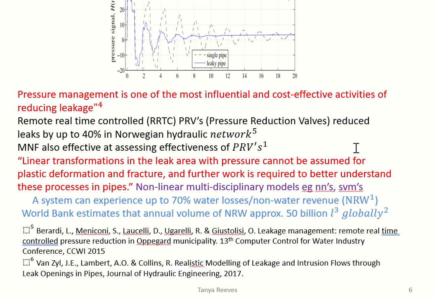However, the World Bank estimated that there could be up to 70% water losses in a system, which is about 50 billion cubic litres globally.